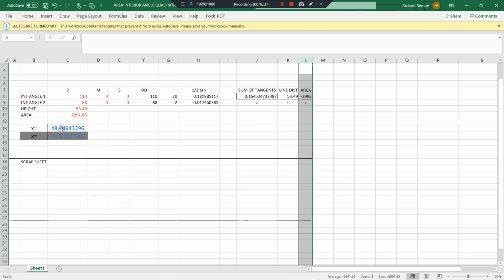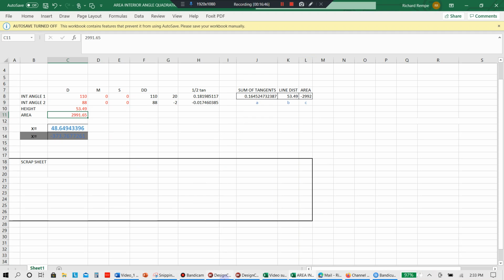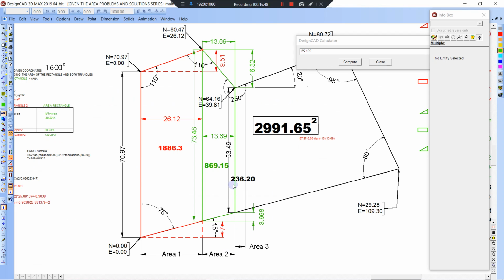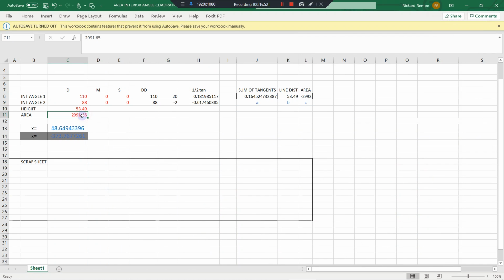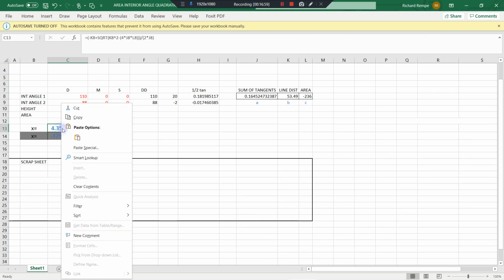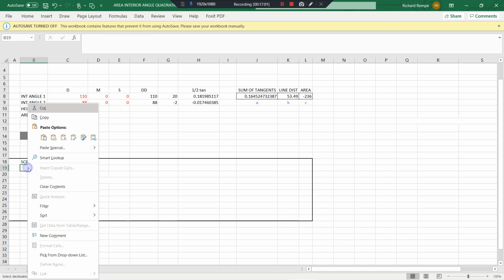And then it gives us this 20, 53, 29. So that's not 29.9. We're looking for 236.20. 236.2. Then we'll end up with 4 point. Copy that. Paste that.